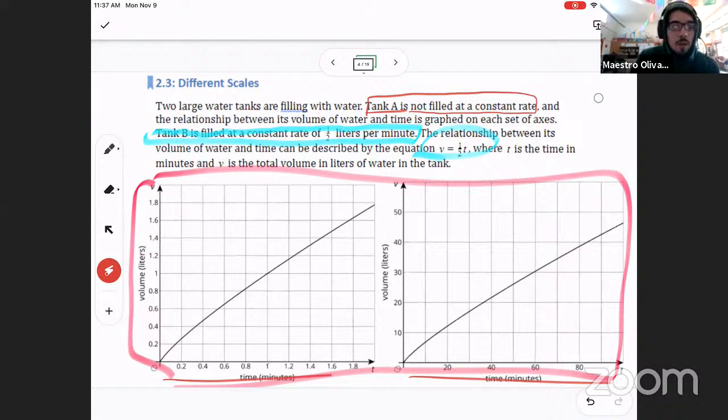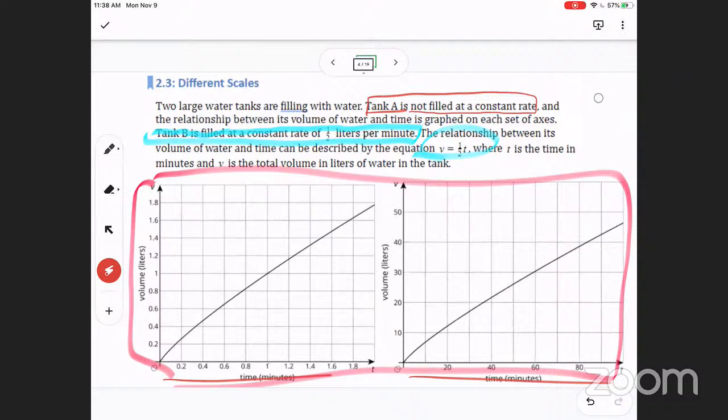Okay. So 30 seconds. Where is 30 seconds right here on the x-axis? Where can I find 30 seconds? Between what two decimals is 30 seconds? 0.2 and 0.4.